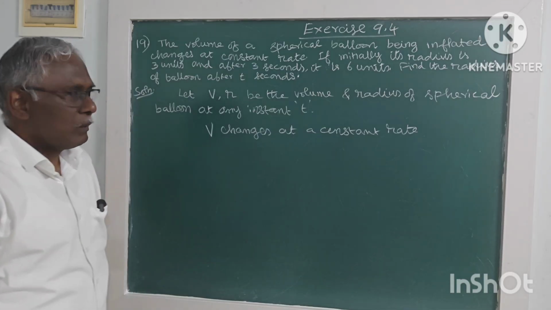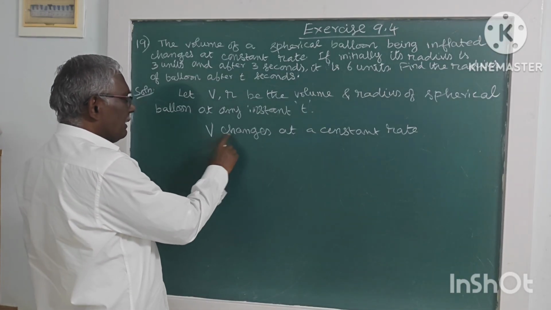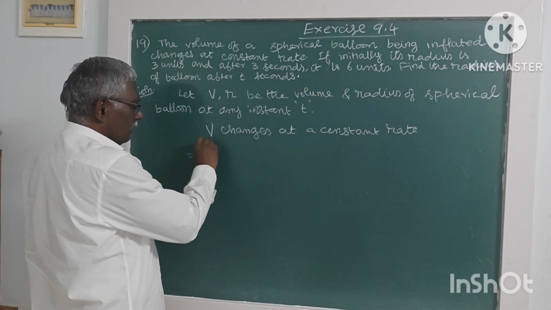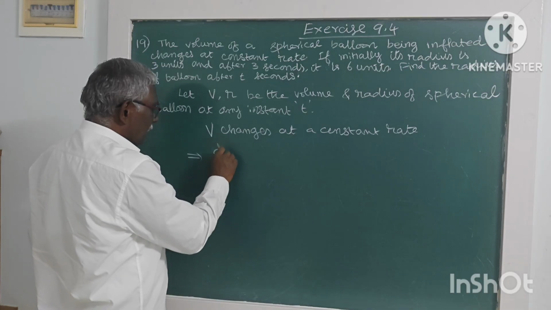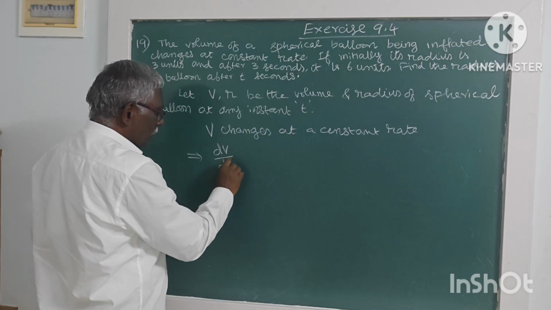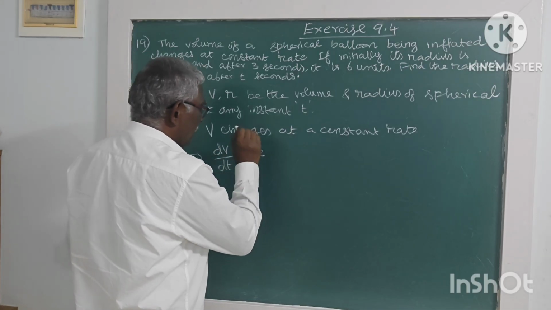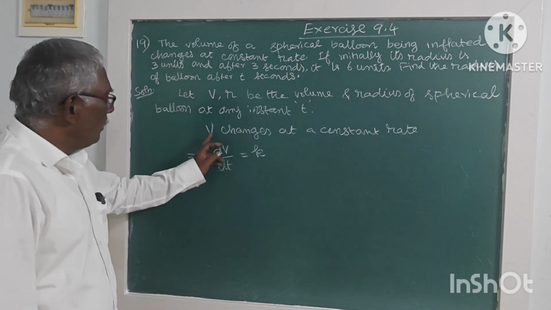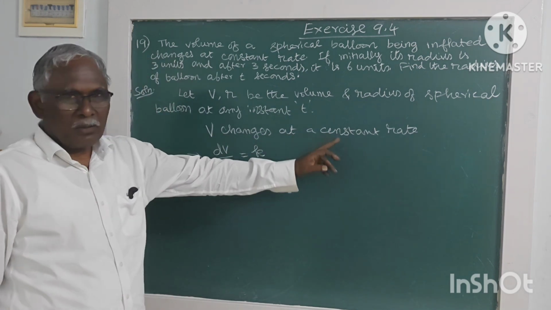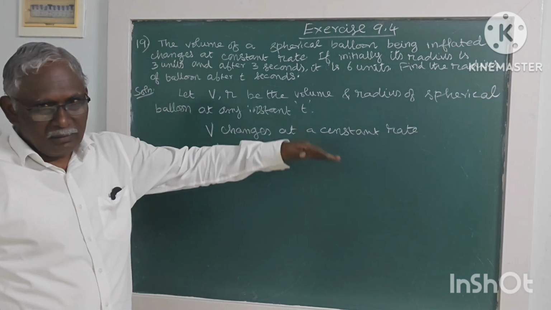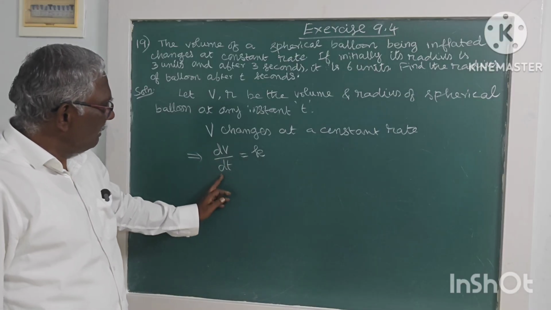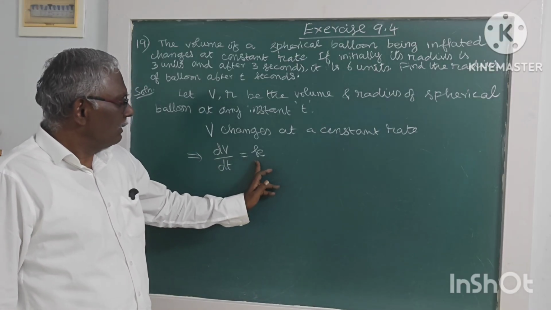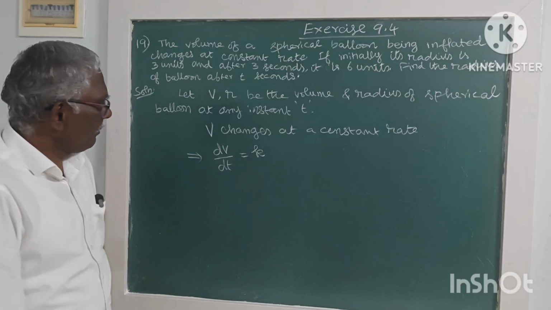Rate means with respect to time. So dV by dt is equal to a constant, K. K is constant.